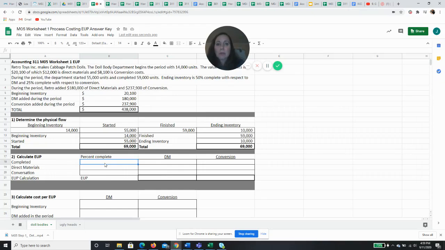So we're going to start with the completed. The completed goods, by definition, are 100% complete because anything short of that and they wouldn't be finished, right? They'd end up in our WIP ending inventory. But once we finish them, we transfer them out and finish is 100% complete. For some reason I have 105, which doesn't make any sense. Okay.